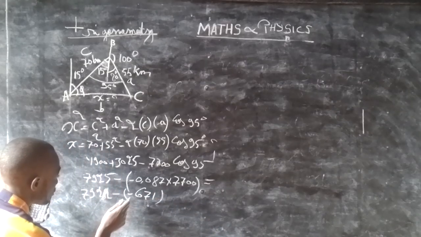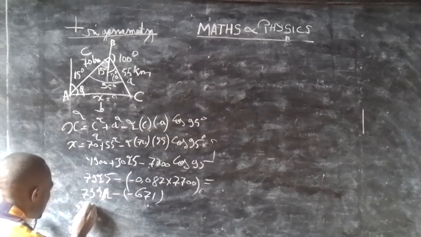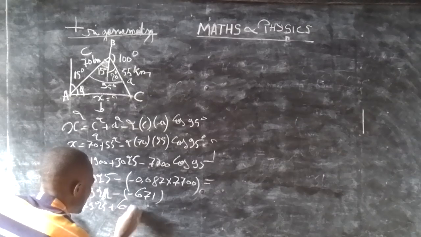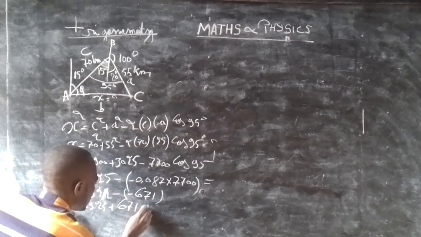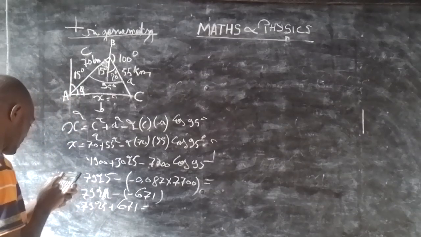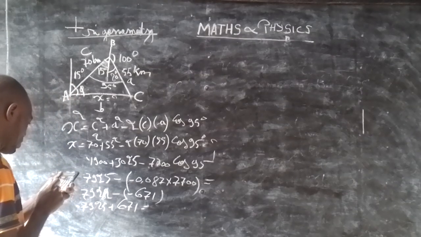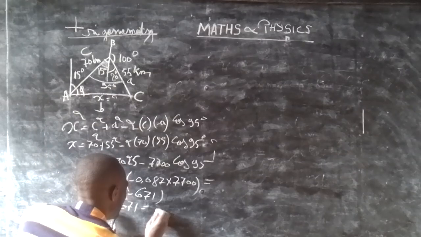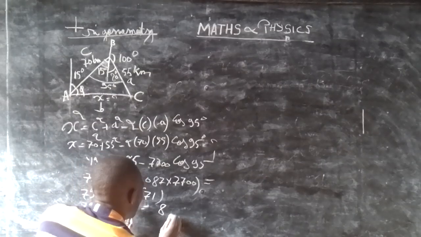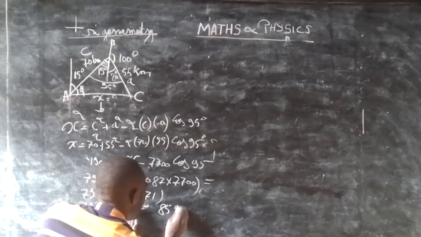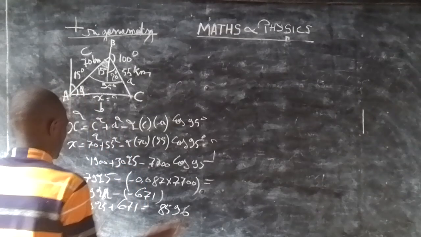Here this is negative, this is also negative, which will become positive. So 7,925 plus 671 is equal to 8,596 kilometers squared.